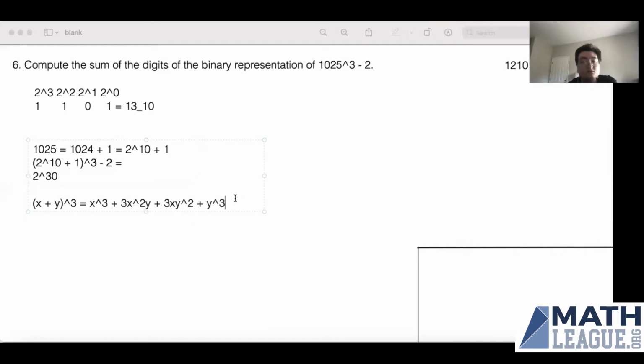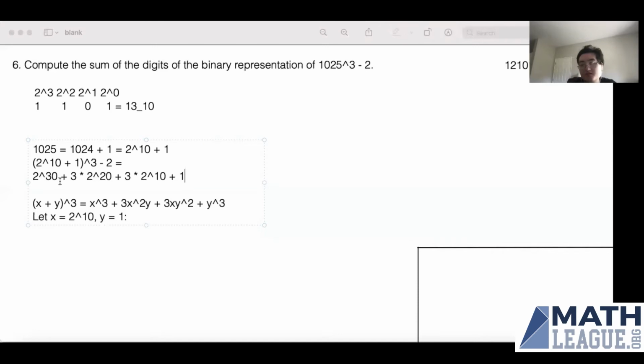Therefore, if we let x equal 2 to the 10 and y equal 1, then (2 to the 10 plus 1) cubed is equal to (2 to the 10) cubed, that's 2 to the 30th, plus 3 times (2 to the 10) squared, that's 2 to the 20th, times 1, plus 3 times 2 to the 10 times y squared, which is 1, and then y cubed equals 1. So you end up with 2 to the 30th plus 3 times 2 to the 20th plus 3 times 2 to the 10th plus 1.